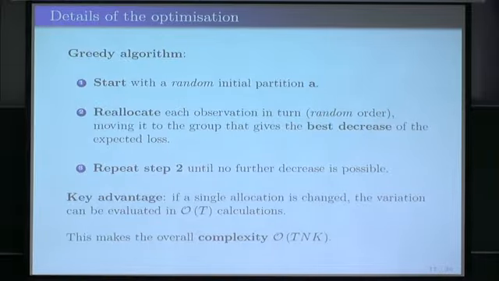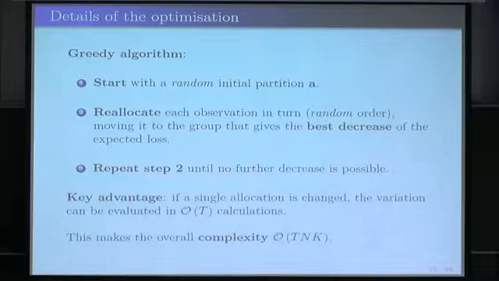Okay, so the greedy algorithm has a skeleton set up as follows. I should say we input a maximal number of groups, and we start with a random initial partition, and then we do a kind of greedy move where we reallocate every observation in turn, moving it to a group that minimizes the expected loss.